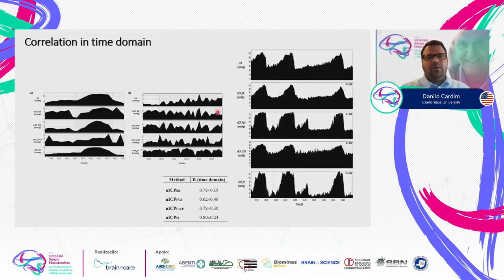But this dramatically changed when we not only rely on the absolute value, but we also rely on the dynamic changes that we observed over time when we monitor a traumatic brain injury patient. As we know, intracranial pressure is a dynamic physiological signal that changes over time and changes according to the condition of the patient.